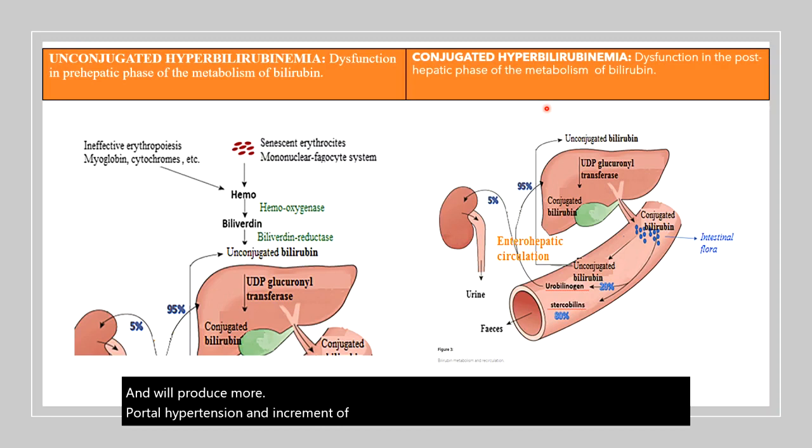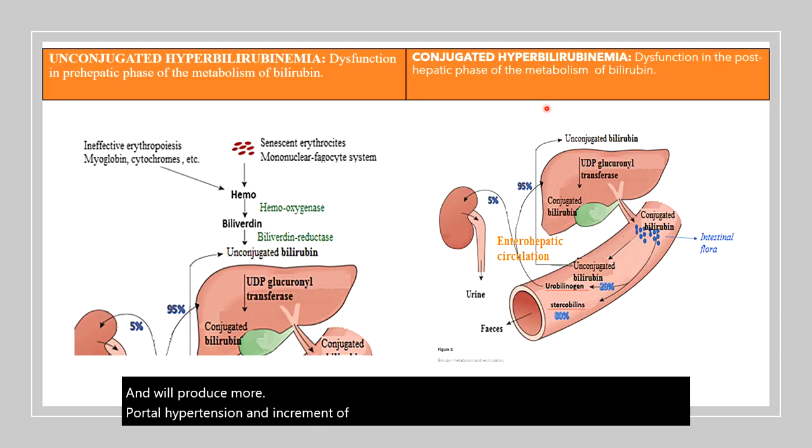But what is interesting is that after biliverdin, we need to convert that, before coming into the liver, into unconjugated bilirubin, or what we call indirect bilirubin.